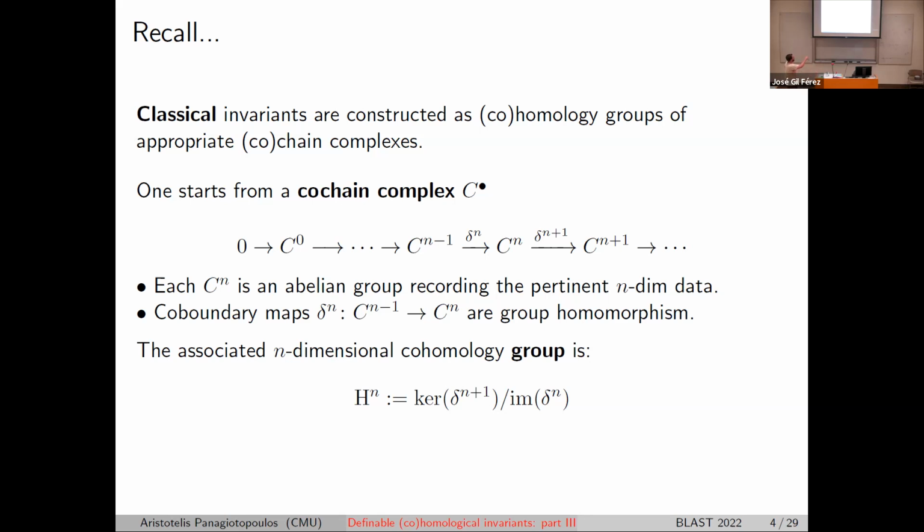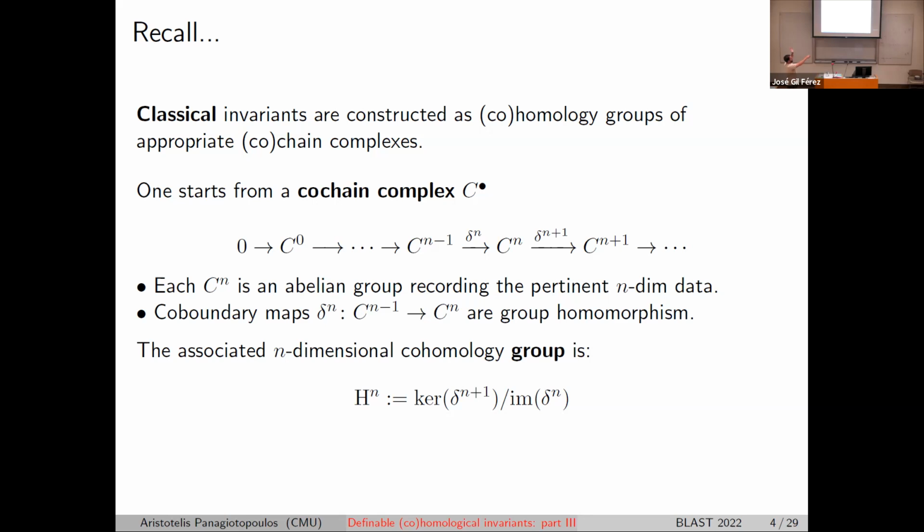So one starts with a cochain complex of abelian groups classically, right? So every object here is an abelian group, and every map here is a homomorphism. And the fact that this is a cochain complex means that if you compose two consecutive arrows, you get zero. This is by definition what a cochain complex means.